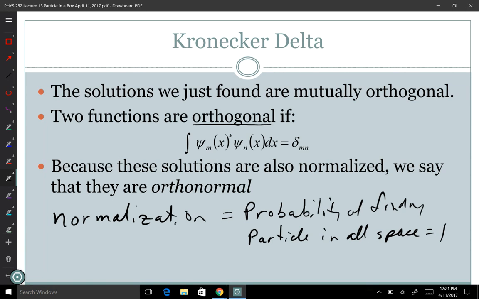0. And so the orthogonality condition says that when I do an integral of psi star sub m and psi sub n, that's going to be 0 unless n equals m. And so that gives us the Kronecker delta. The delta subscript mn is a shorthand notation that means it's 0 unless m equals n.